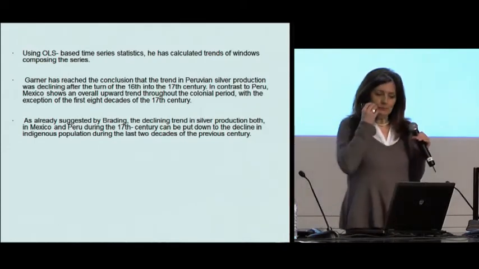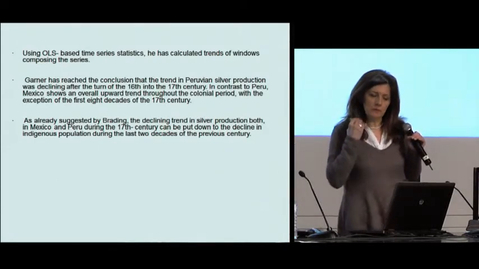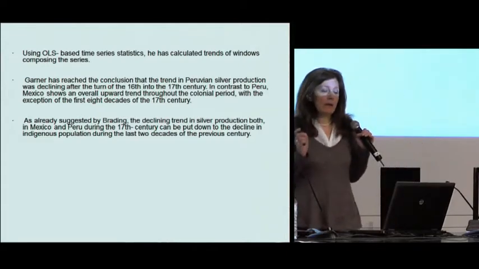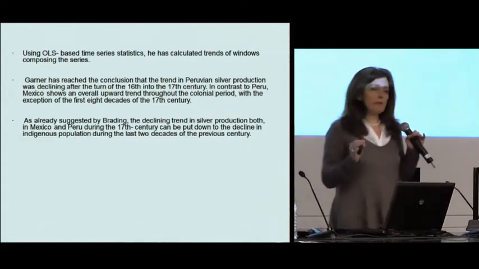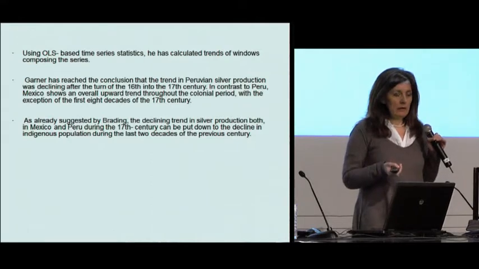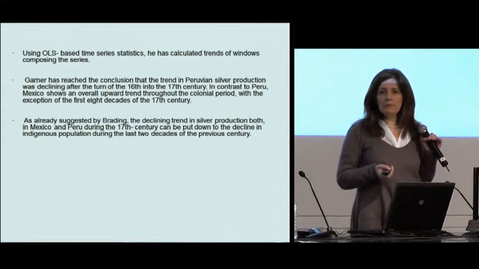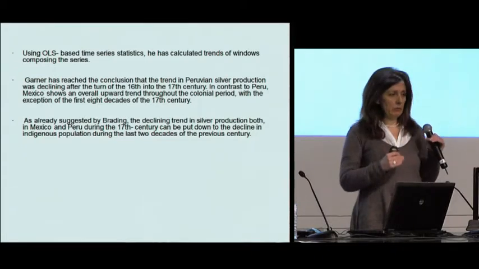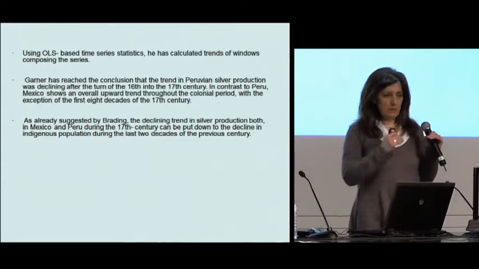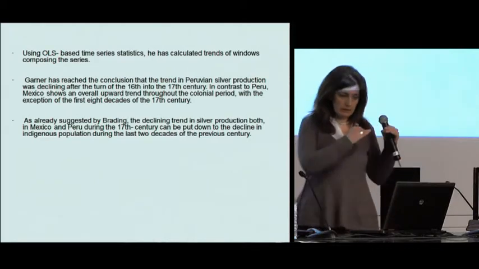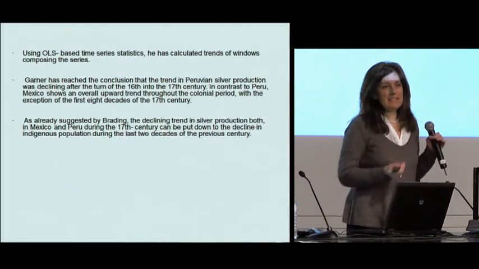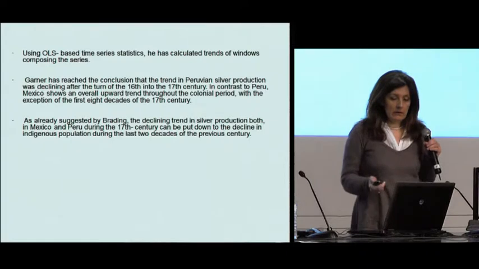Now, I'm going to focus just on the first half of the 17th century, right? And there the situation is of decline in both series, Mexico's and Peru's. The trend, the overall trend is declining, right?